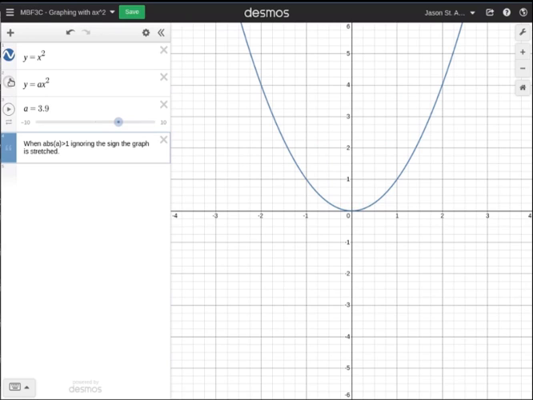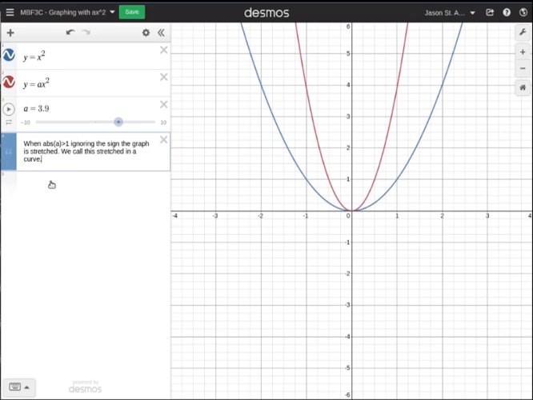So when I stretch my values, I end up with a skinnier graph, okay? We say that the curve is stretched in this case.